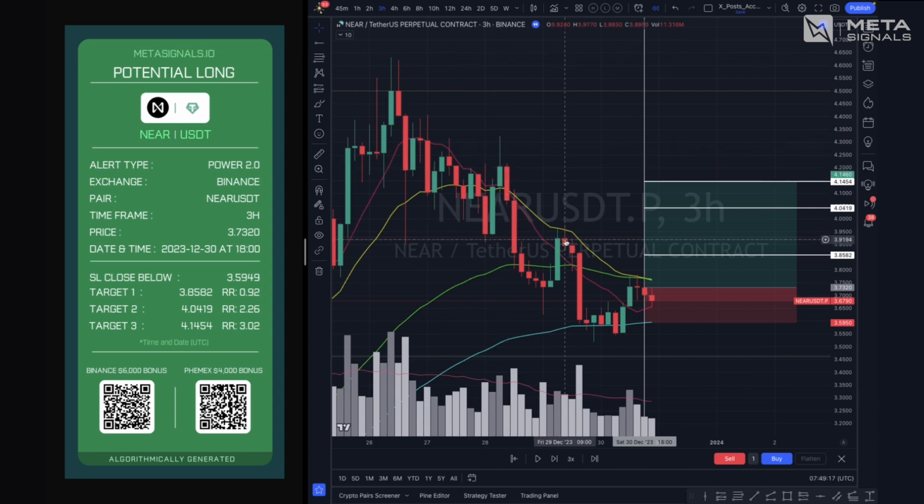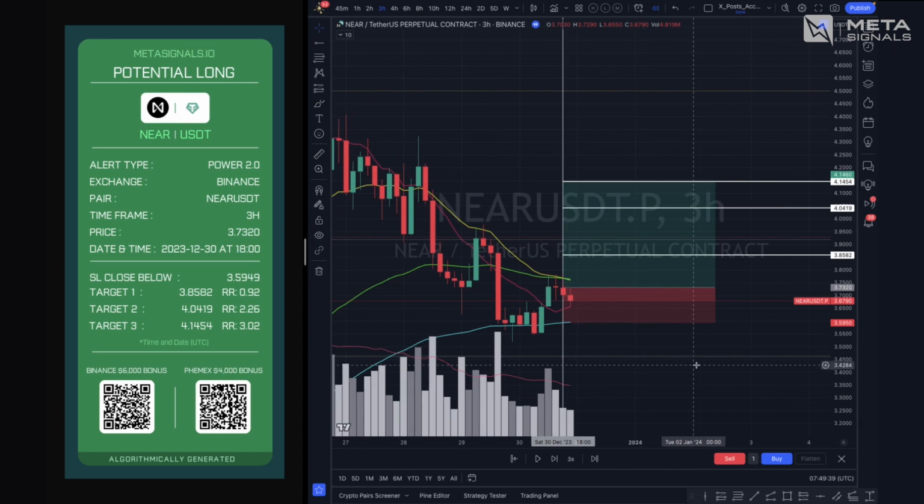We've got the SMA 9 in magenta crossing below the yellow EMA 21 with price action pulled up into the cross and just above it and then swiftly rejected. We come down to the candle of the alert here, and then we open up on the next candle.